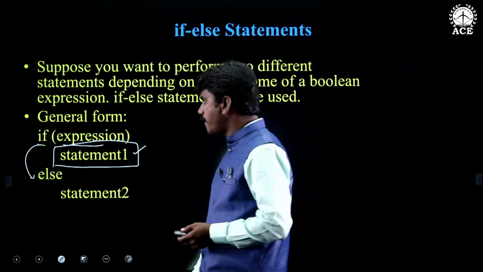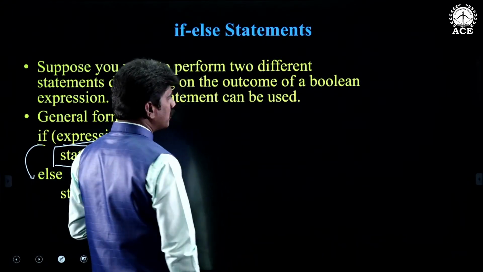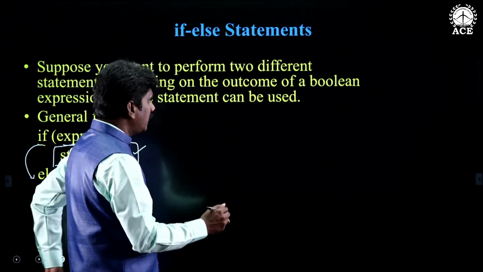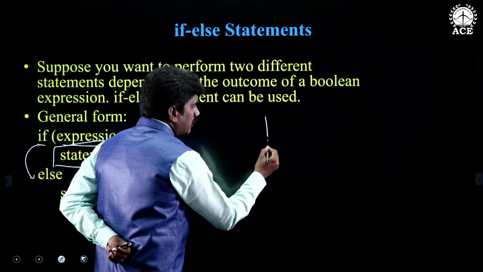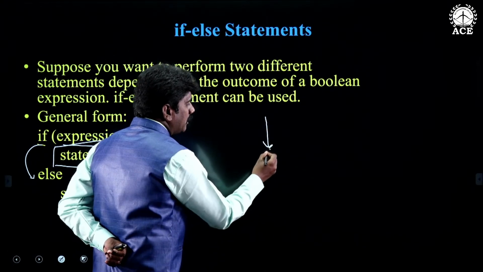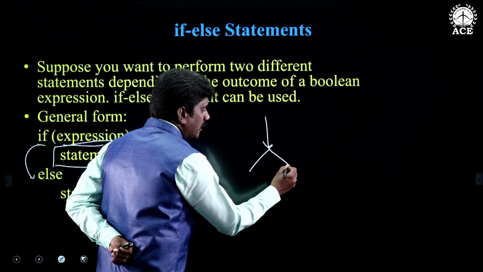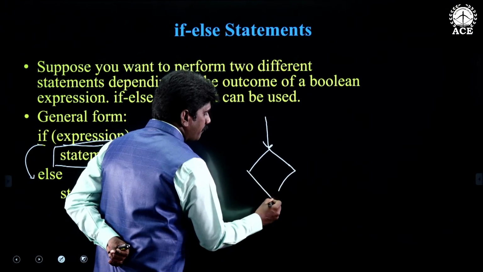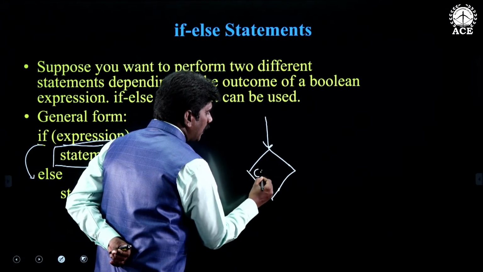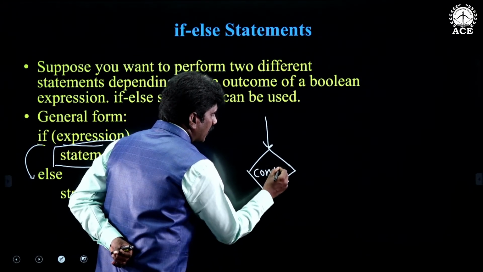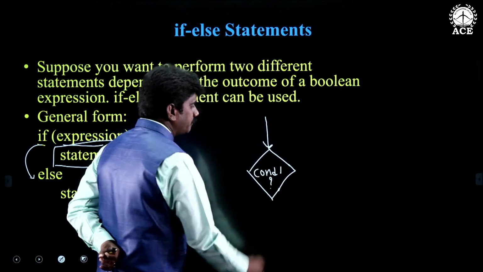Let us see the same thing with the help of a flowchart, how it will be. In the if else statement's execution, meanwhile there is one conditional part. For example, we have one condition 1.